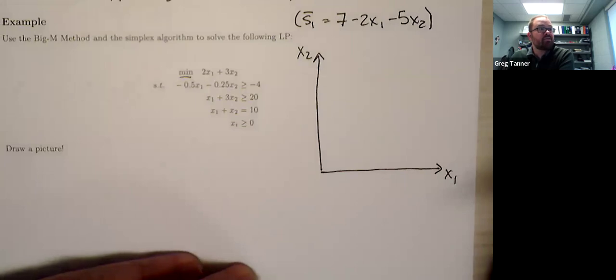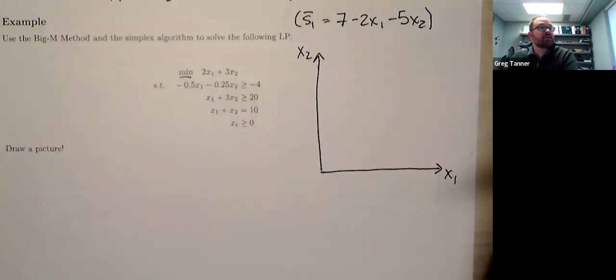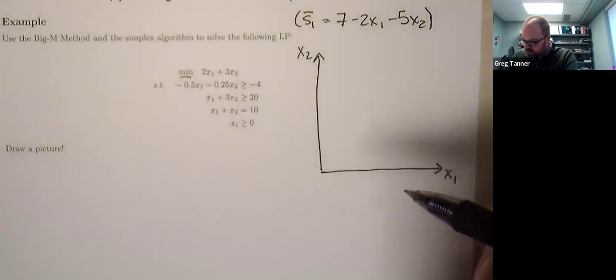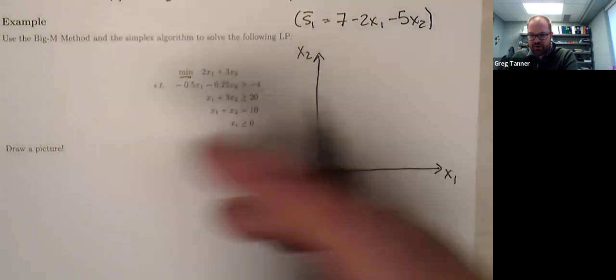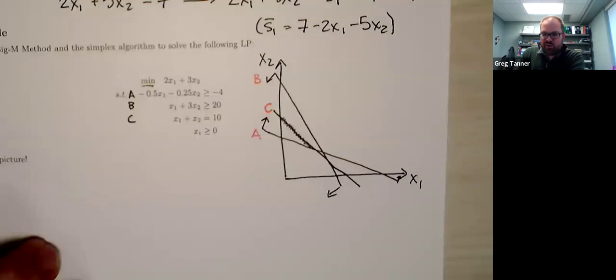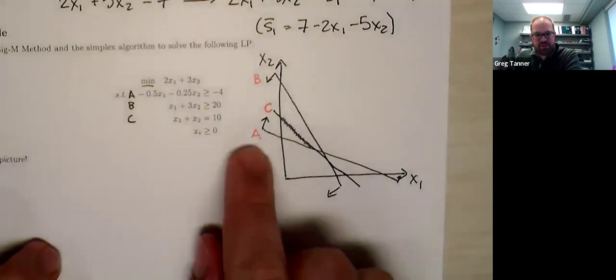But let's see this first constraint here. Yeah, I'll go ahead and draw this in rather than you watching me think through this. And so I'm going to pause the recording for a second. Okay, I used Desmos to help me a little bit. This is what the feasible region looks like.